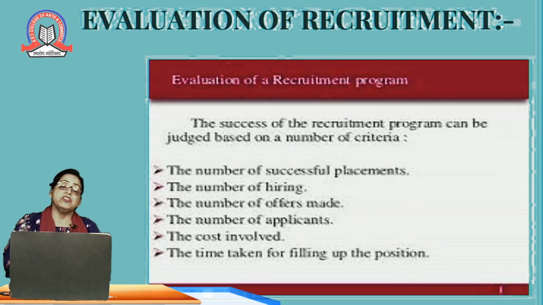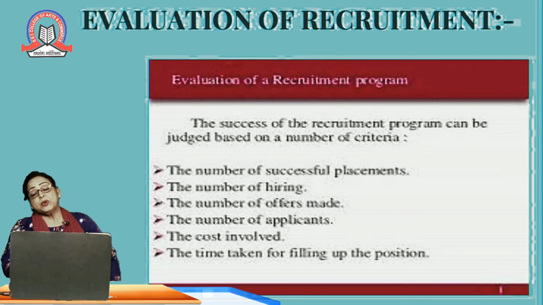For example, if we had 10 vacancies, how many applications or how many applicants were the job seekers for the same? The cost involved is very much important. Recruitment is not free of cost. It is an expensive activity. That's why most of the companies these days are going for e-recruitment, which saves their time, energy and money, mainly money.